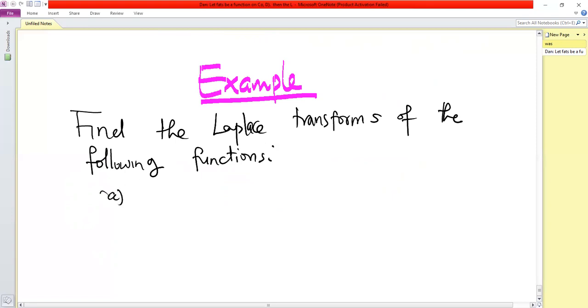A, 3 plus 2t, and B, 5t squared minus 2 e raised to the power t.